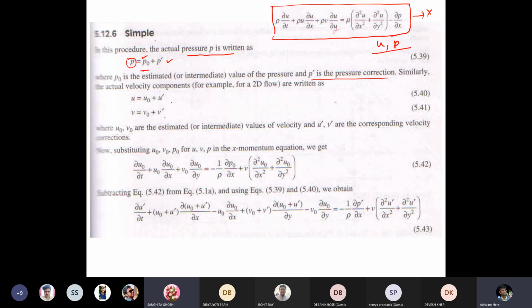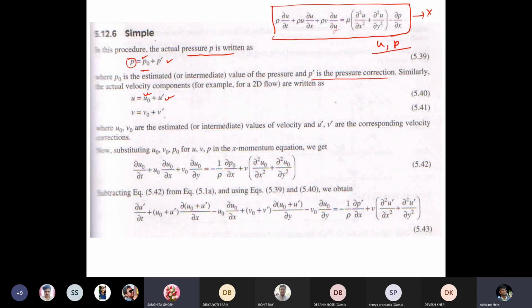Similarly, the velocity u component can be expressed as u0 plus u dot, where u0 is the estimated velocity and u dot is the correction term. Because an estimate cannot be correct, you have to correct it based on the equation. If you add this correction term, then you can satisfy this u, which will be valid here. This is how we are defining the pressure and velocity.